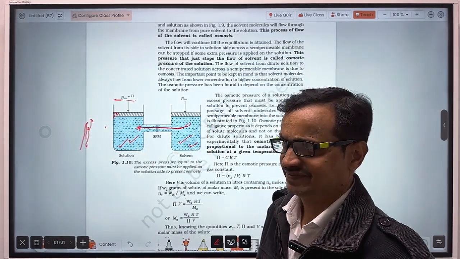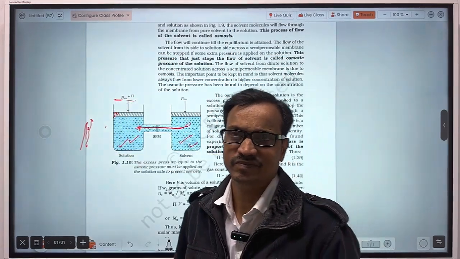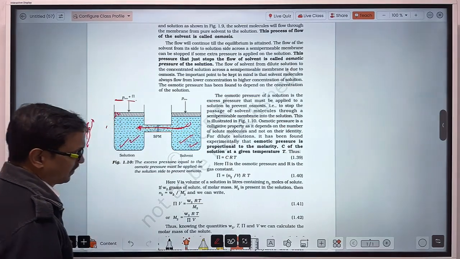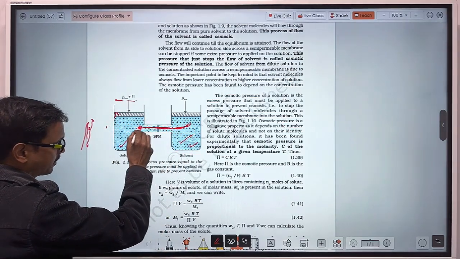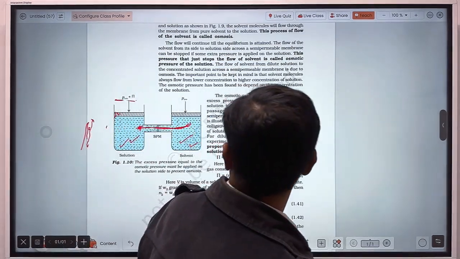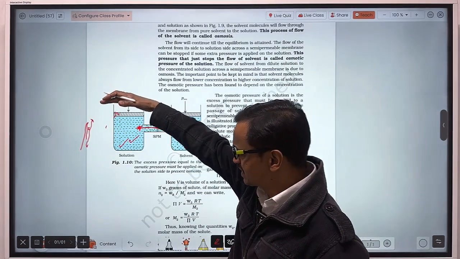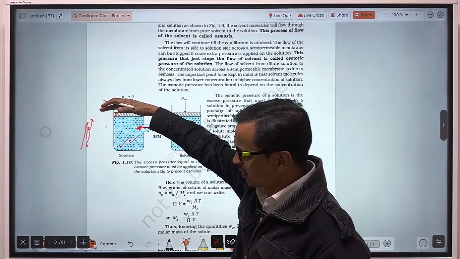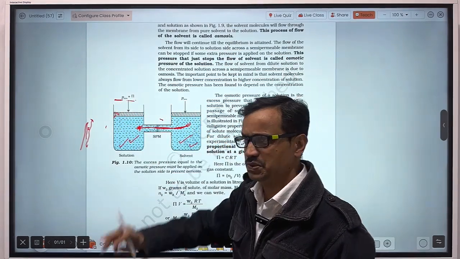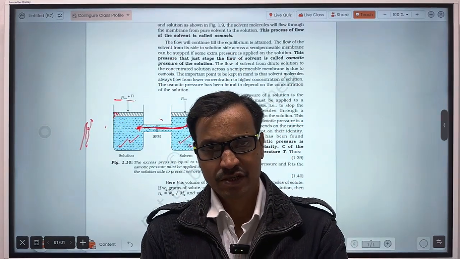By increasing this pressure, a stage will come when there is no appreciable movement of the solvent particle, and that pressure will be called osmotic pressure. That means the pressure at which the movement of solvent particle stops from the pure state to the solution is called osmotic pressure.